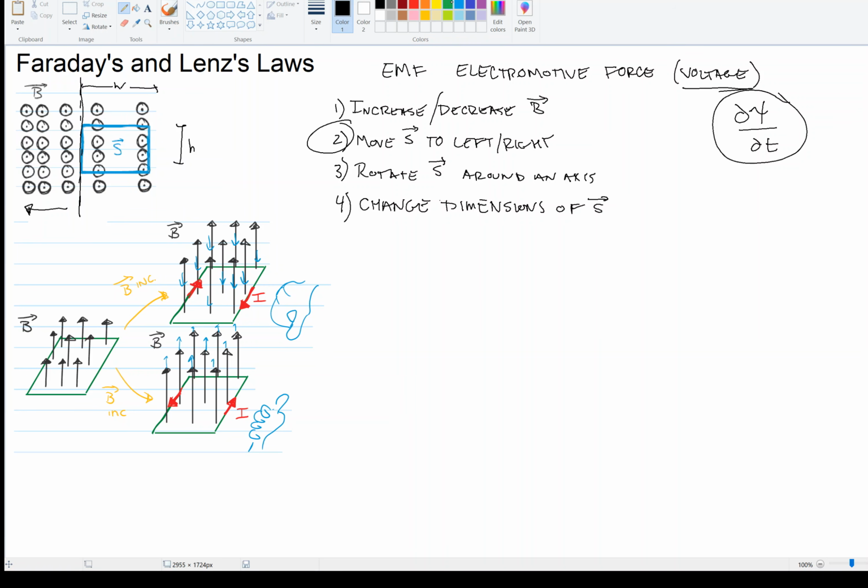So the induced current will be in a direction this way, clockwise, such that the magnetic field caused by I will counter that change. So it will decrease the flux. If you remember from the right-hand rule, the direction of the magnetic field due to that current will be into the page in the loop. So it has to be that way. It has to counter that change.